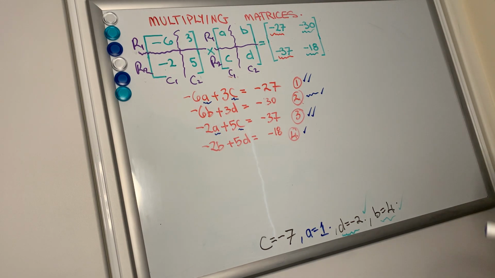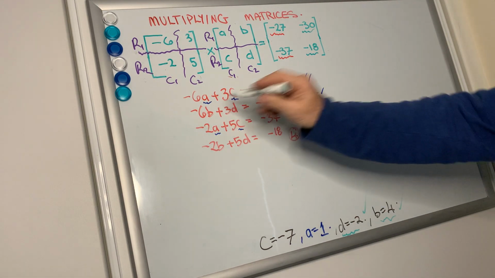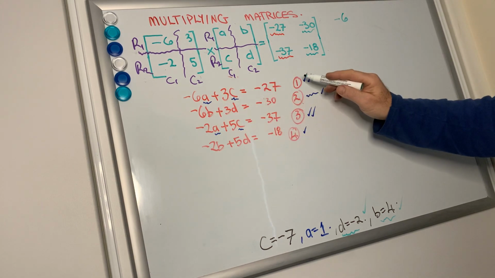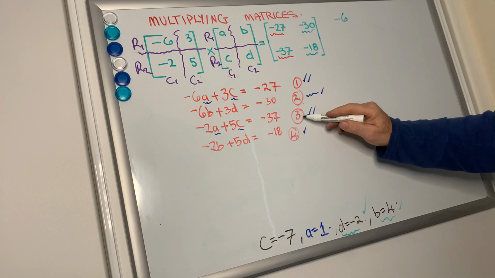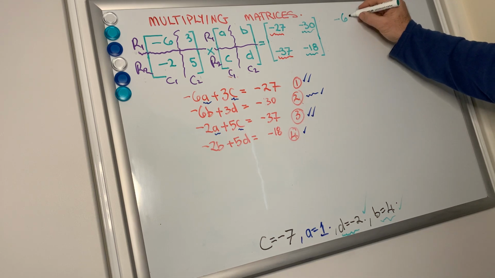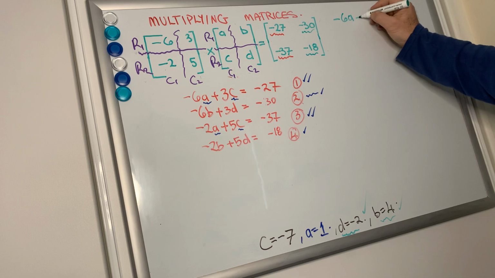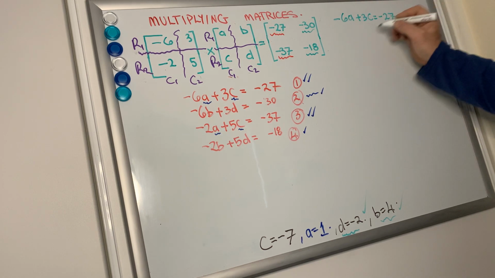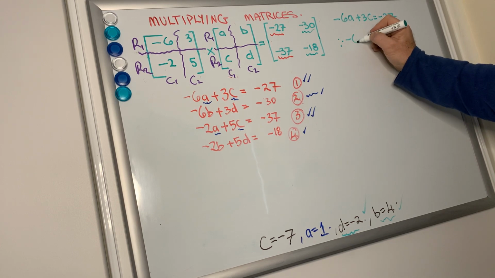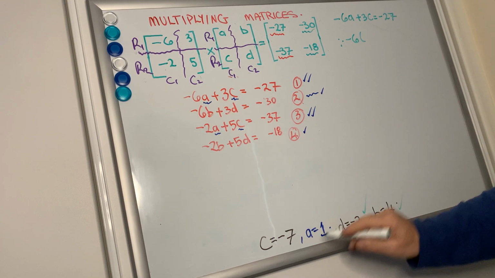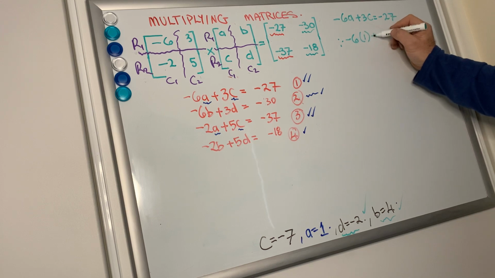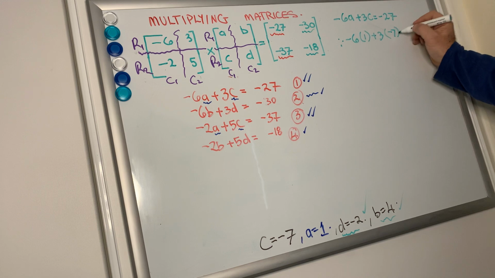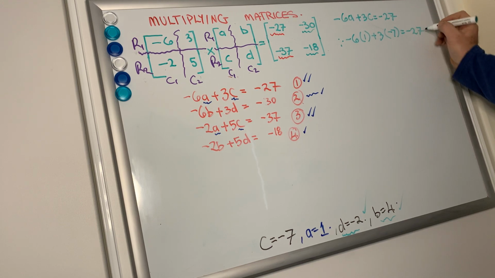Now let's have a look at the next one. You can use equation 1 or equation 3, it makes no difference. So minus 6a plus 3c is equal to minus 27. Therefore, minus 6 times a, which is 1, plus 3 times c, which is minus 7, equals minus 27.